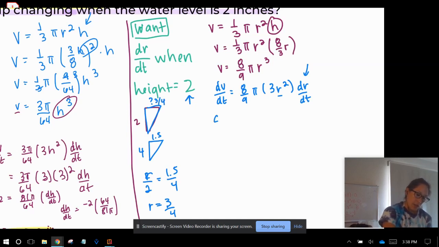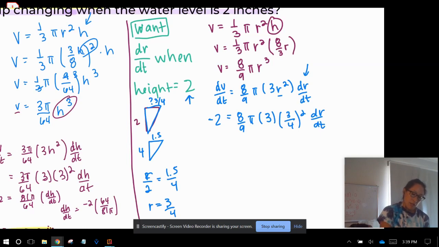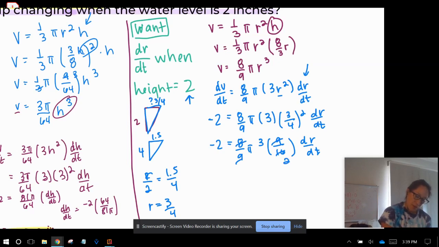So now I can substitute in -2 for dV/dt because we're losing water at a rate of -2. 8 over 9 pi times 3 over 4 squared dr/dt. Okay, and then we can simplify. I know there's things to simplify, but I'm just going to write this out. 3 times 9 over 16 dr/dt. You see the 9's cancel. I get -2 is equal to 3 pi over 2 times dr/dt.